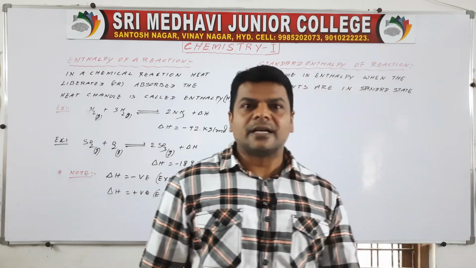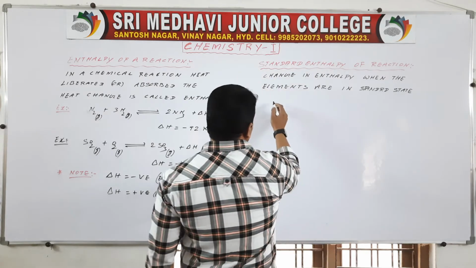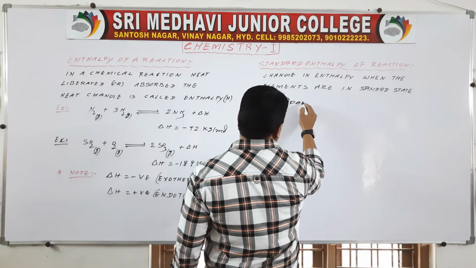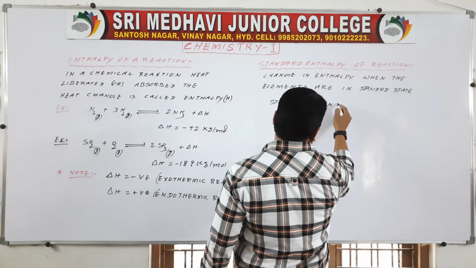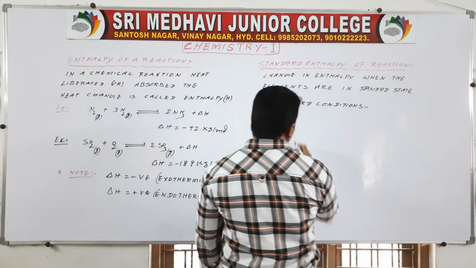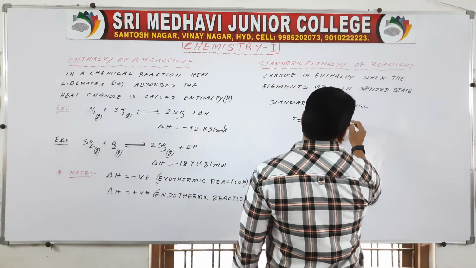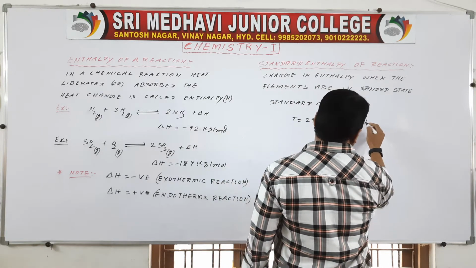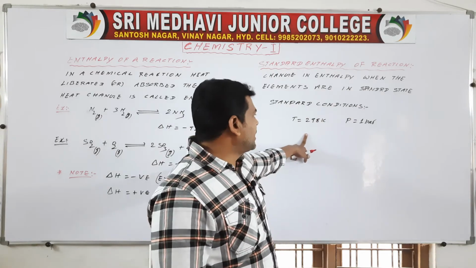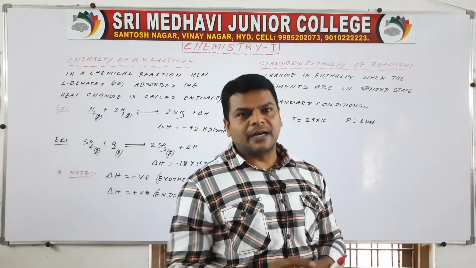Standard conditions means temperature equal to 298 kelvins and pressure equal to 1 bar. At a temperature of 298 kelvins and a pressure of 1 bar, these are called standard conditions.